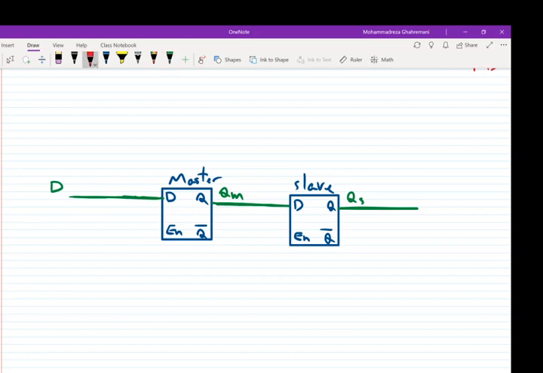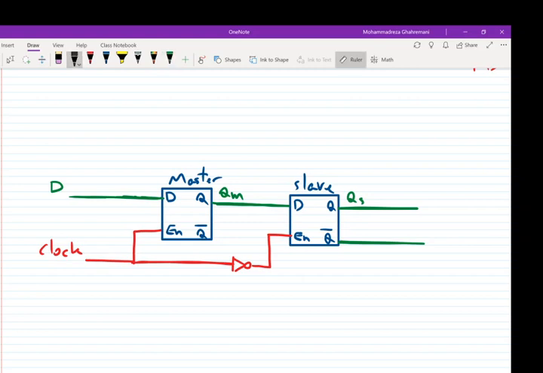And also we have a clock input which is connected to the enable of the master, and then we complement this clock and connect it to the enable of the slave. Of course, we have another output in the slave, and this one is the general configuration of the master slave flip-flop. Let's see how it works.